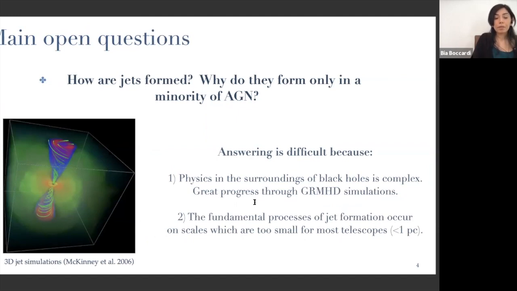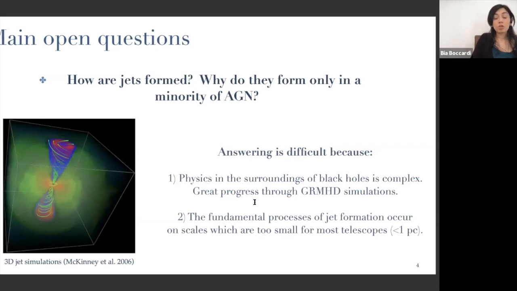The reason why answering this question is so difficult is first because the physics in the surroundings of black holes is very, very complex. To describe the processes in the vicinity of a black hole, we require the treatment of general relativistic magnetohydrodynamics. And of course, this is difficult, and great progress has been achieved lately through the use of simulations.